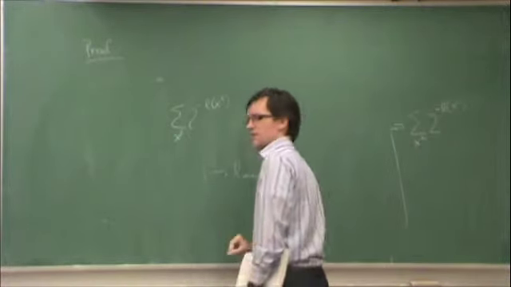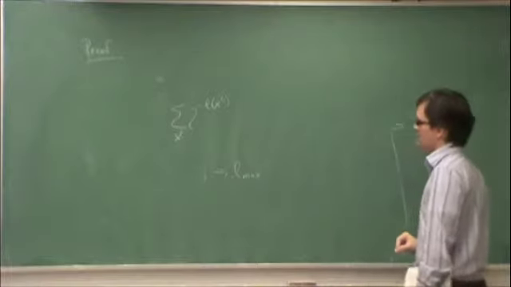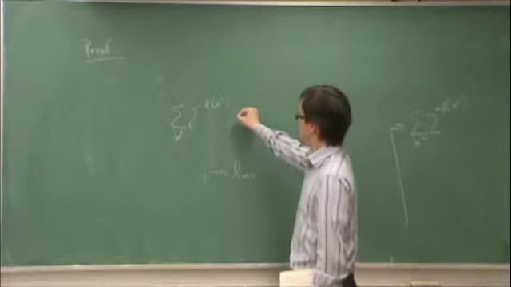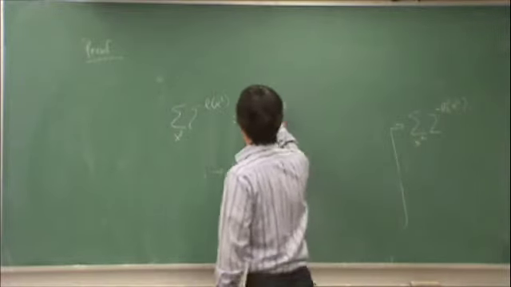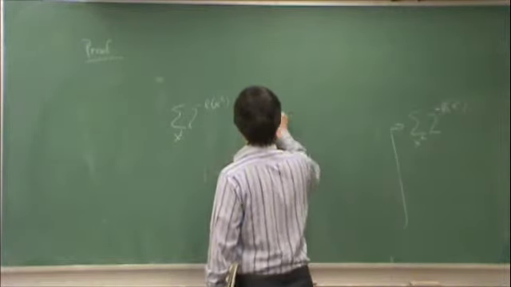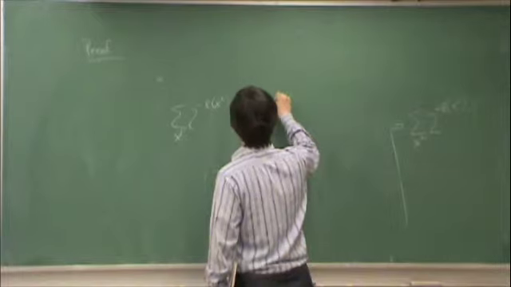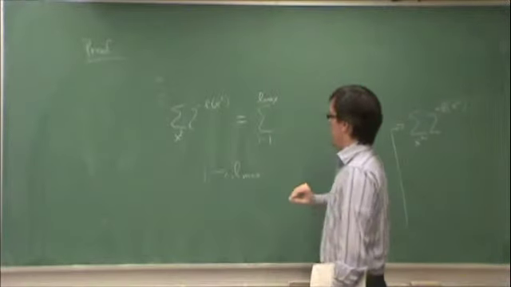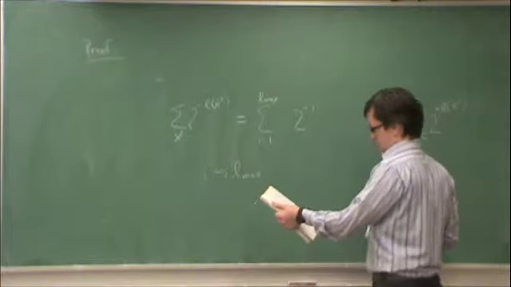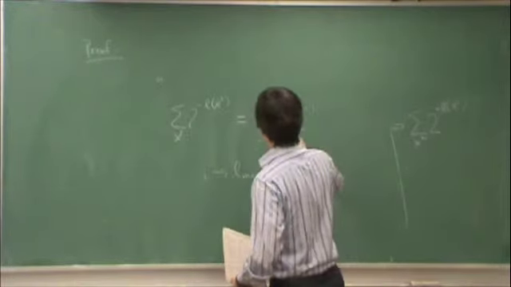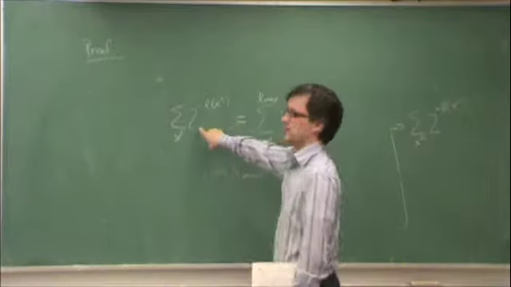So there's some maximum code word length. So I can change the summation into the sum from I equals 1 to L max of 2 to the minus I times the number of times the 2 to the minus I occurs in this sum.